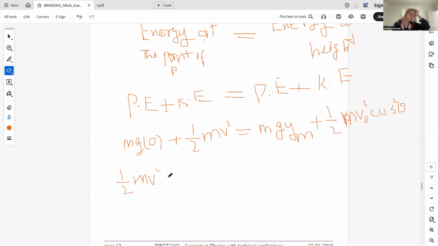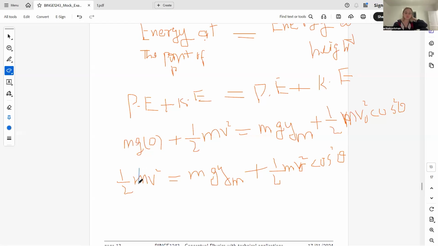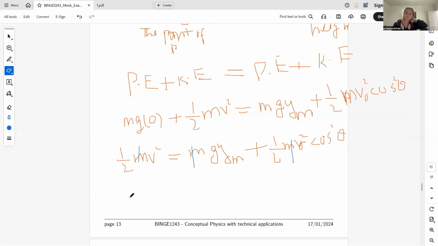And I can write this equation: half m v naught square is equal to mg ym plus half m v naught square cos square of theta. And in this complete equation, you can see mass can be cancelled because it exists in the whole equation.